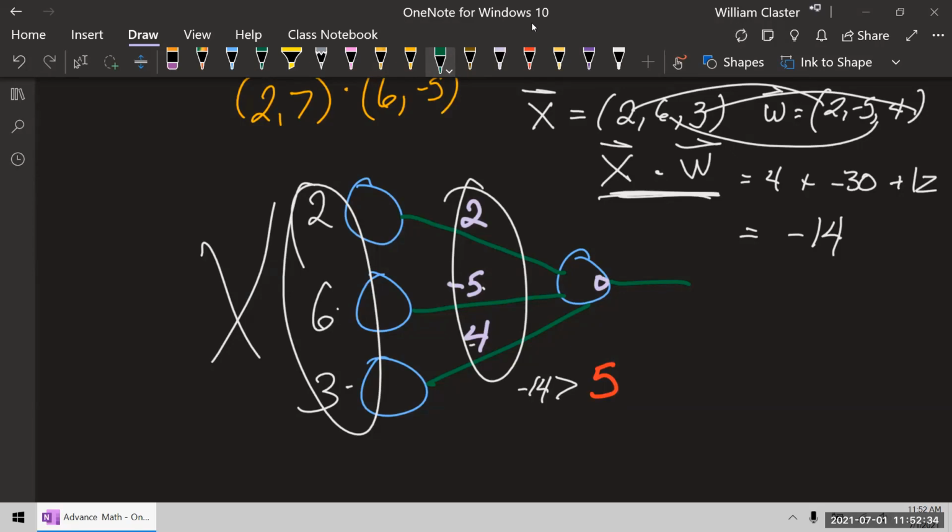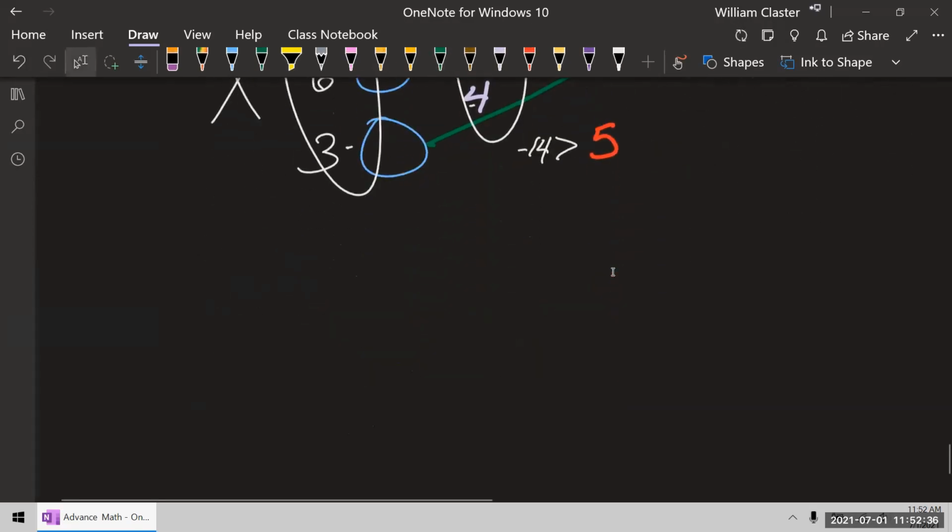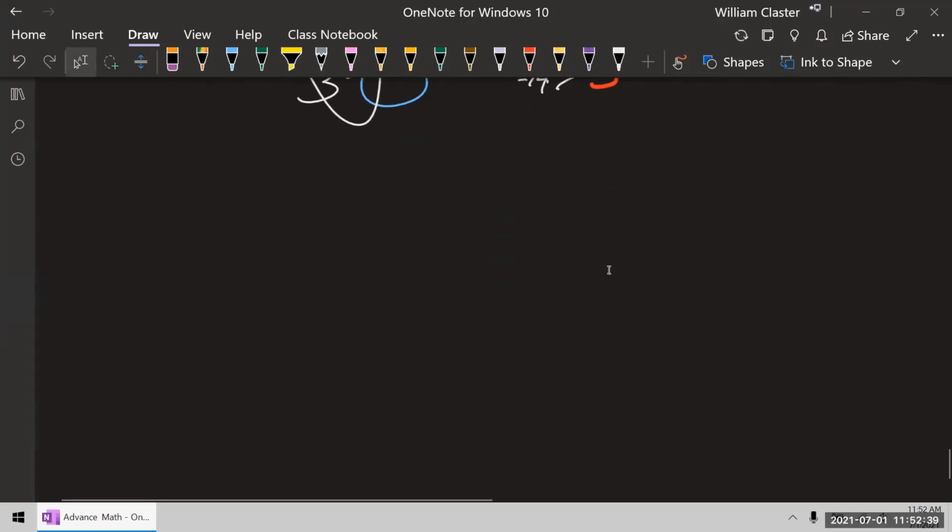Now I could just make a more complicated one. Of course, it's going to take longer to do. It's not really worth it, but maybe I'll do it anyway. Let's suppose we had this picture, and then we have here and here.